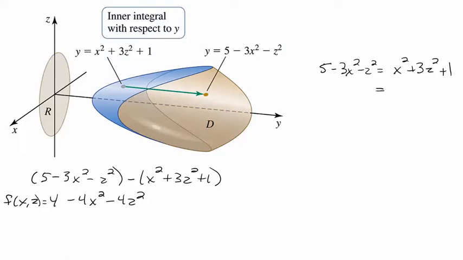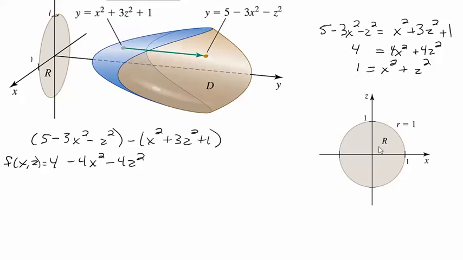Let's move the constants over here to keep things positive, and so then we'll have 4x squared and 4z squared. That's pretty nice. If we divide everything by 4, we get 1 equals x squared plus z squared. So what is that? Well, that's a circle in the xz plane with a radius of 1.